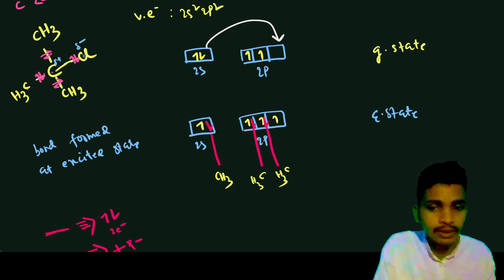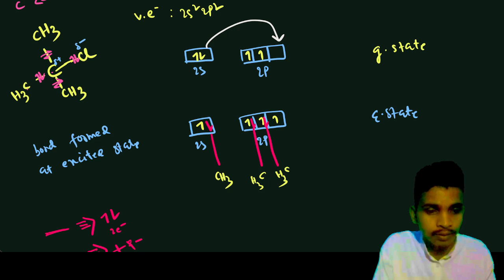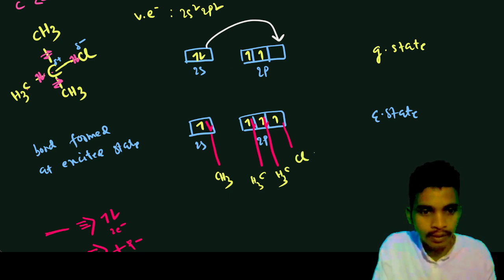Now this is the leaving group. Whenever it leaves, it will take the two electrons and leave. So let's say here we have chlorine, and the electrons are there, but they lie more towards the chlorine atom. Whenever it leaves, it will take these electrons with it.